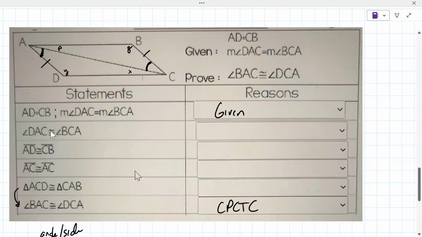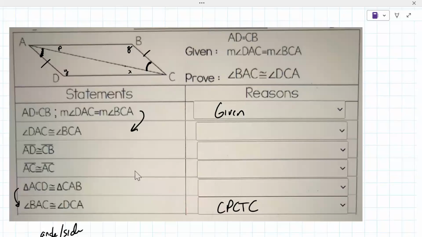So why is DAC congruent to BCA? No idea. Oh, because the measure. So again, you have to go back to the previous line.